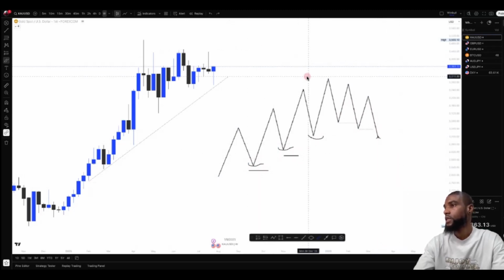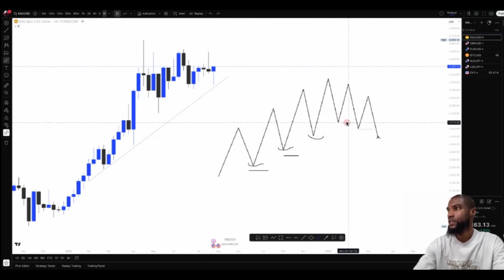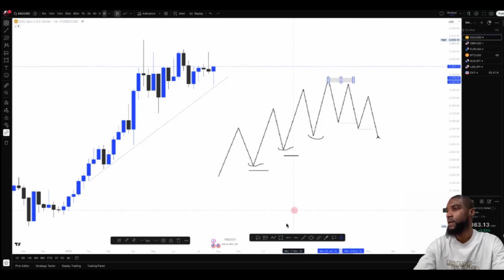So now, after a shift in market structure, we should be waiting for price to return to mitigate this zone. Let's say this was not mitigated, right? Price will definitely come to mitigate all of them before going bearish.